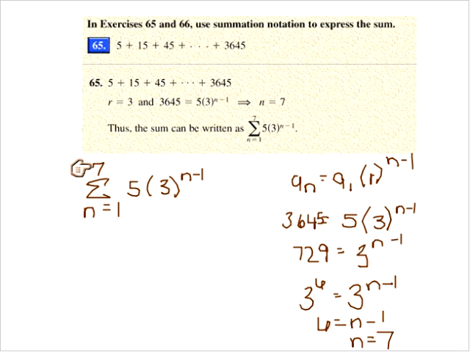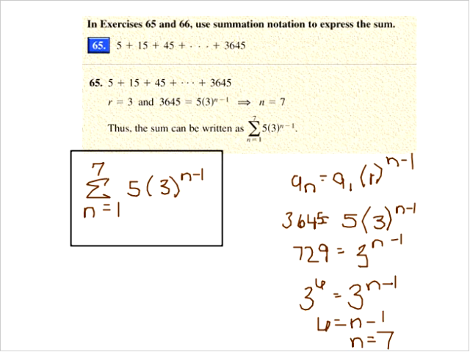So this has 7 terms in it, and we start with n equaling 1 and end with n equaling 7. So here is the proper sigma notation, or summation notation, for this geometric sequence.